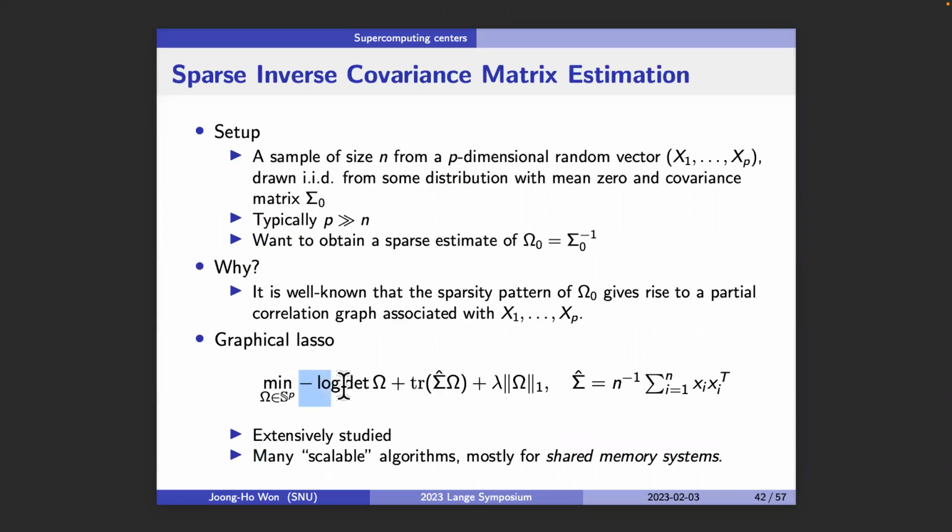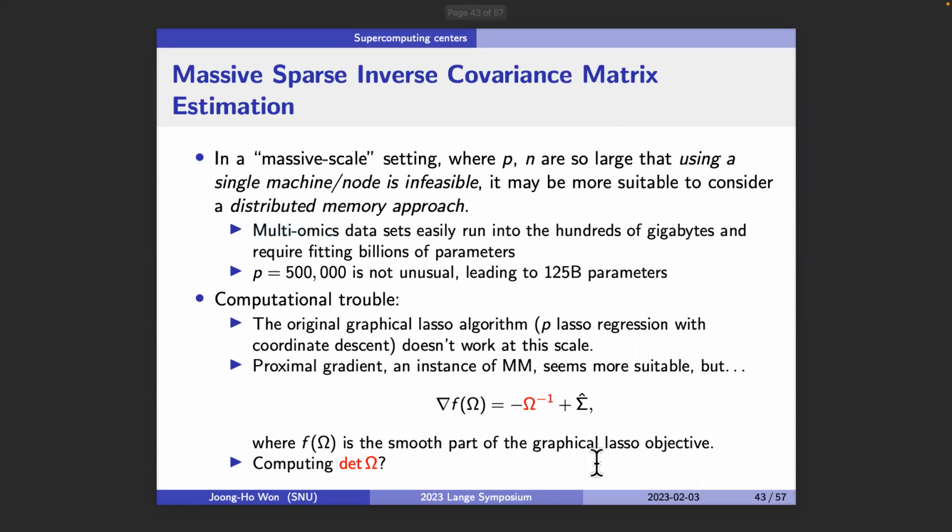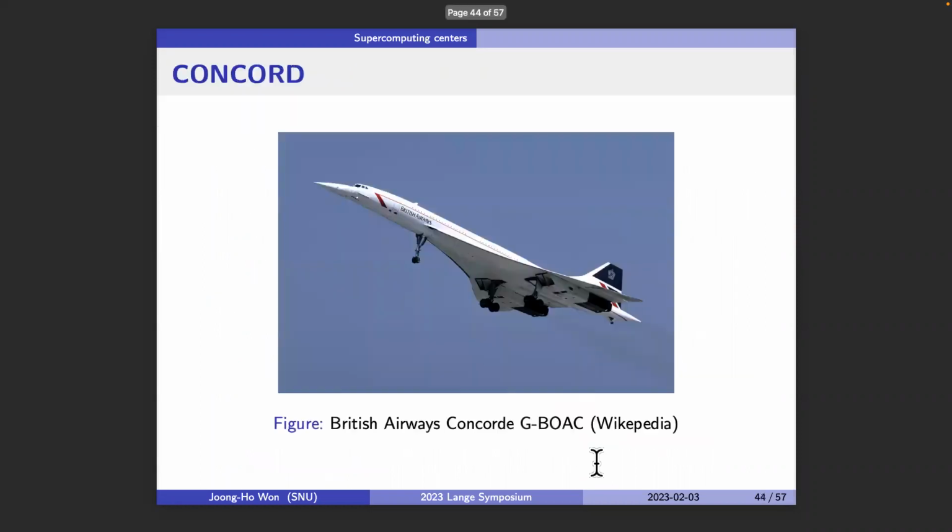And the first term is the log of the determinant of omega. And computing the determinant of a p by p matrix is also a nightmare. So that basically means that the graphical lasso is not an option for this size of problem.